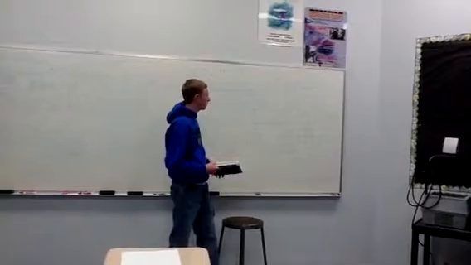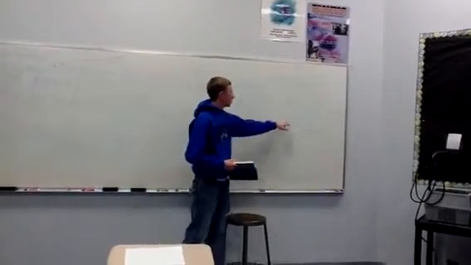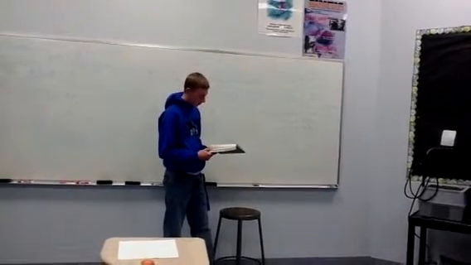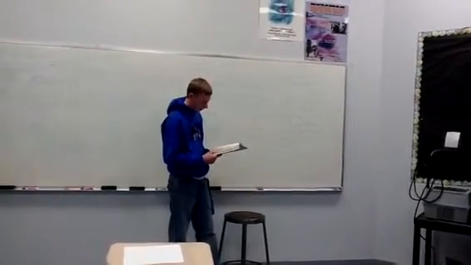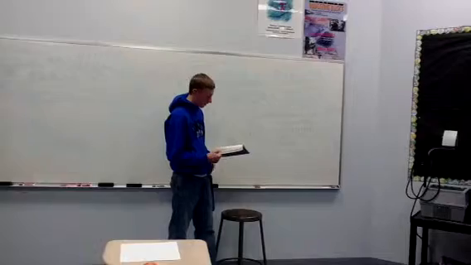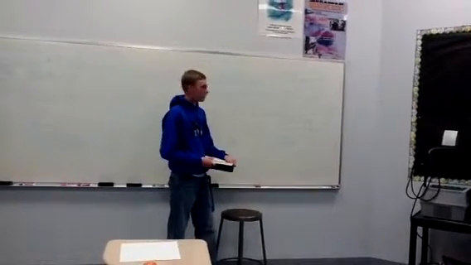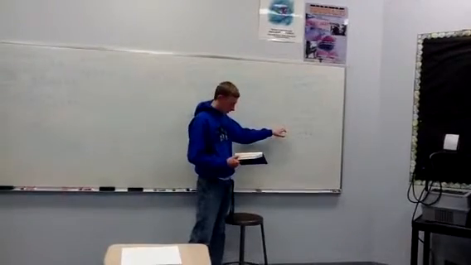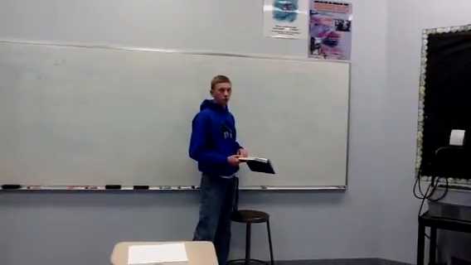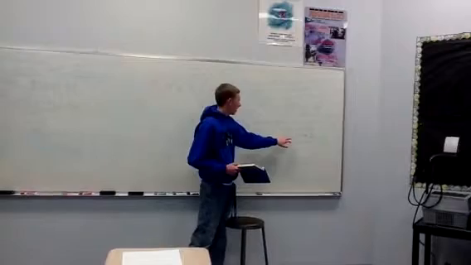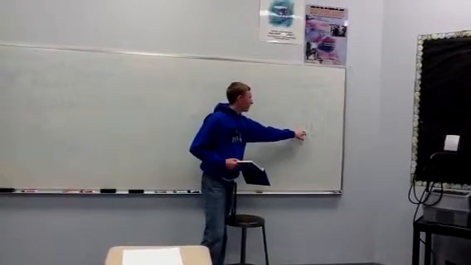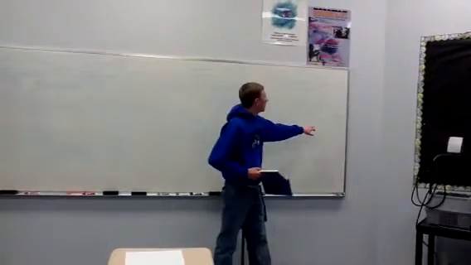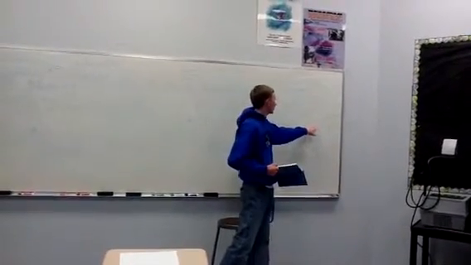For number 32, they give you this equation, and they ask you to find a point that is located the given distance from s. So what you're going to have to do is, it says it's 5 units from s, so you have to do this equation, which is the square root of 6 and 8.